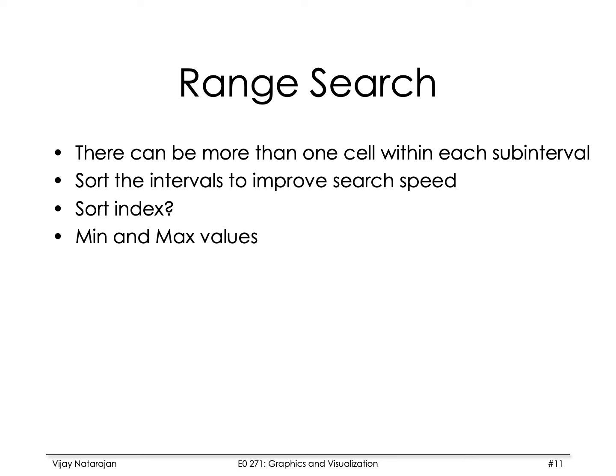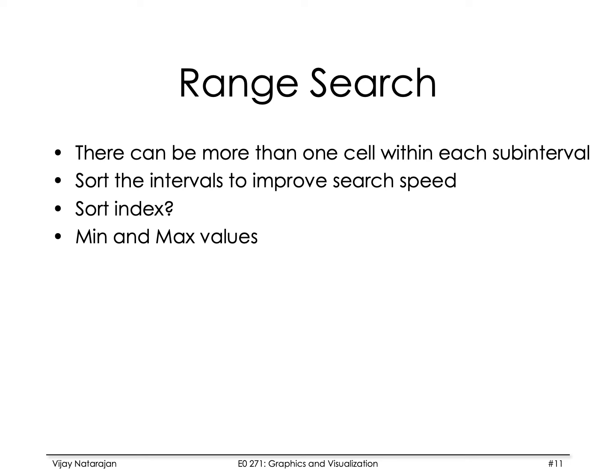So the subintervals between the two dashed lines could contain multiple A sub i, B sub i intervals, multiple cells. One way to search through these cells is to sort the intervals A sub i, B sub i that are contained within that subinterval.